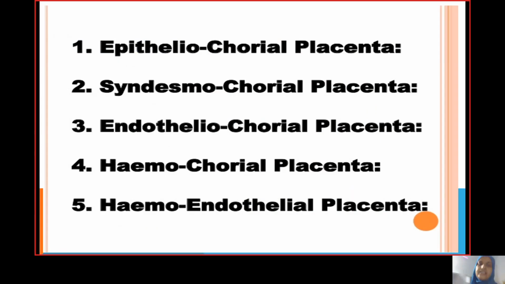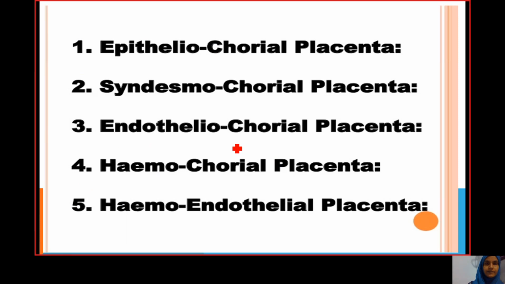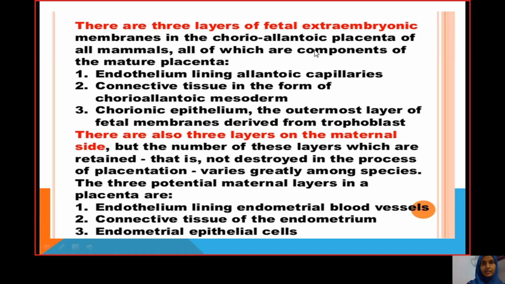Next, based on the attachment of the tissues, the placenta is divided into 5 types: the epitheliochorial placenta, syndesmochorial placenta and the endotheliochorial placenta. Next, hemochorial placenta and the hemoendothelial placenta. Is it clear? Next, we will discuss these 5 types of placenta. These are the fetal extraembryonic layers and the mother's 3 layers. Already we discussed this.